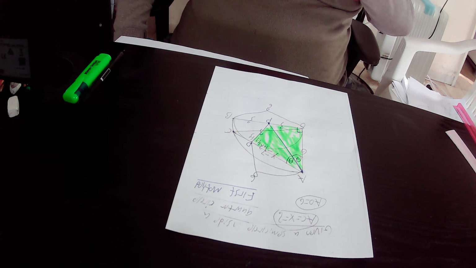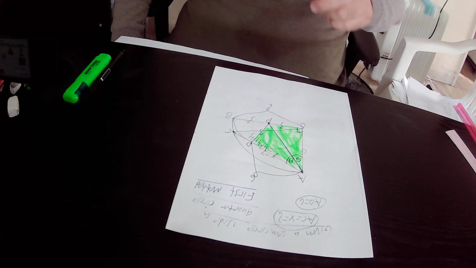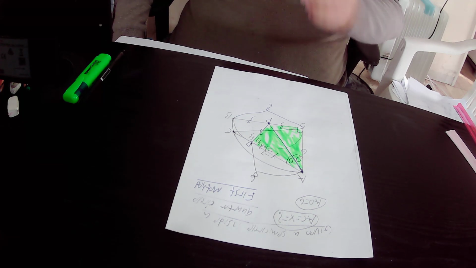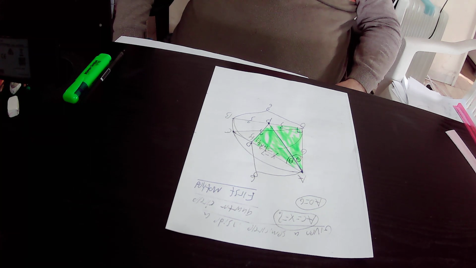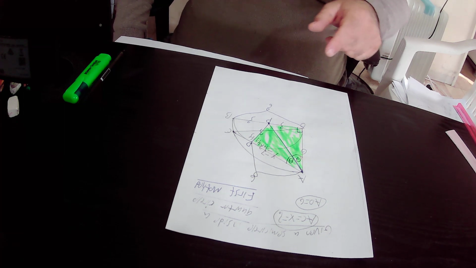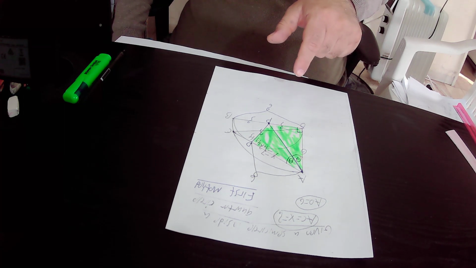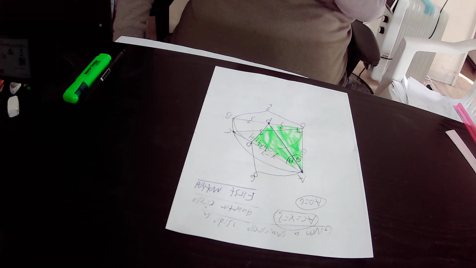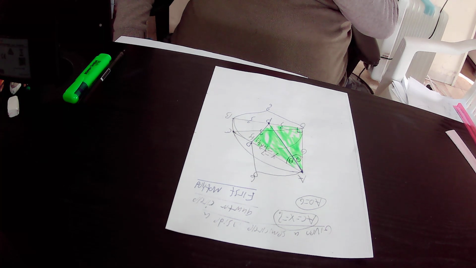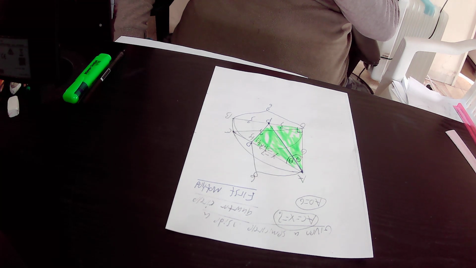Then we join points. So OP is the radius of the semicircle, that is half of the radius of the quarter circle. The radius of the quarter circle, that is OB, is actually the diameter of the semicircle, and the radius of any circle or semicircle is half the size of the diameter.